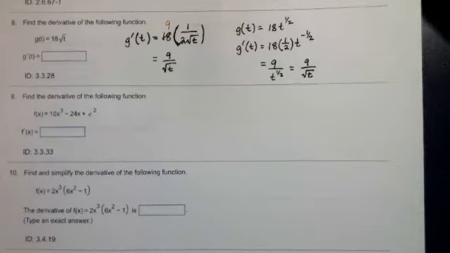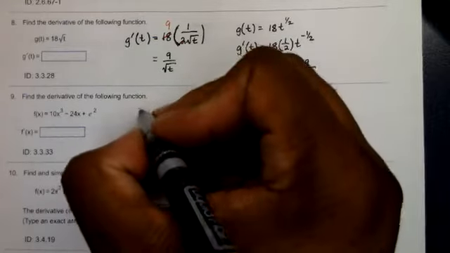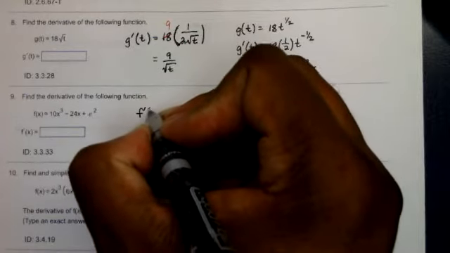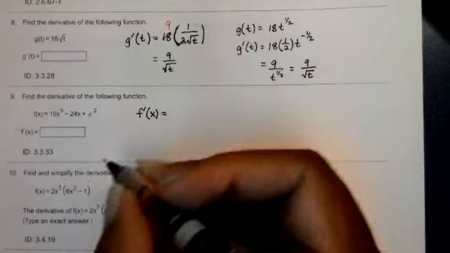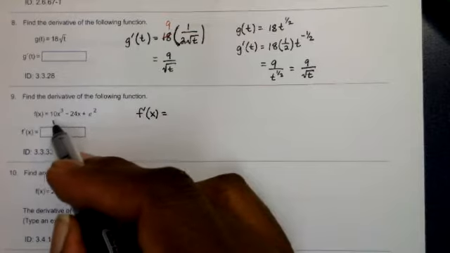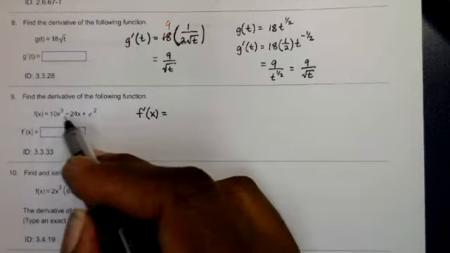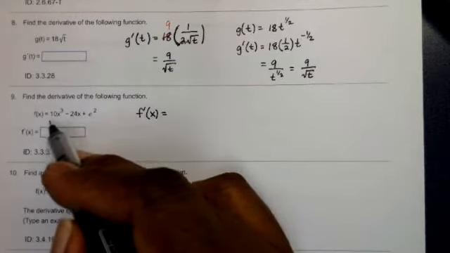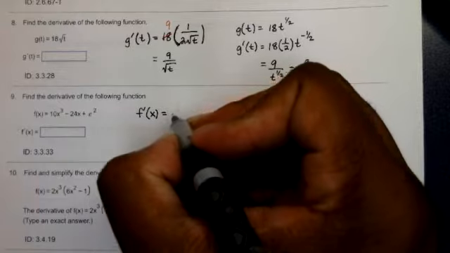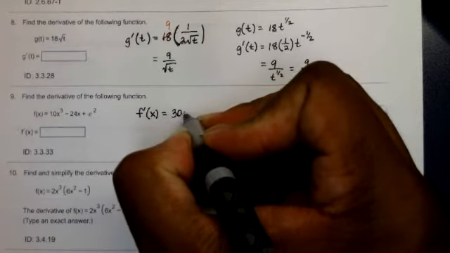All right, number 9, f of x is equal to 10x cubed minus 24x plus e to the second. In this case, we want the derivative, so f prime of x would be this. Here we're going to apply the power rule on the first two terms. For this one, we bring the 3 down, multiply it by 10, that will be 30.